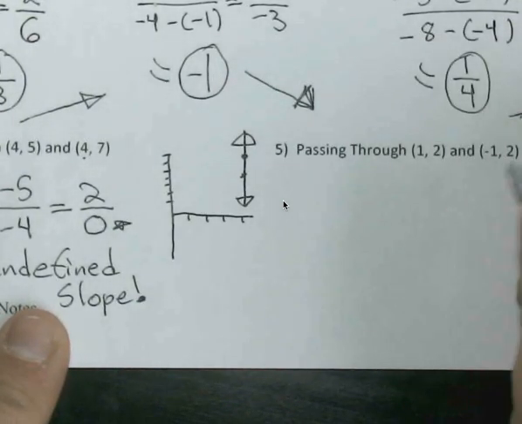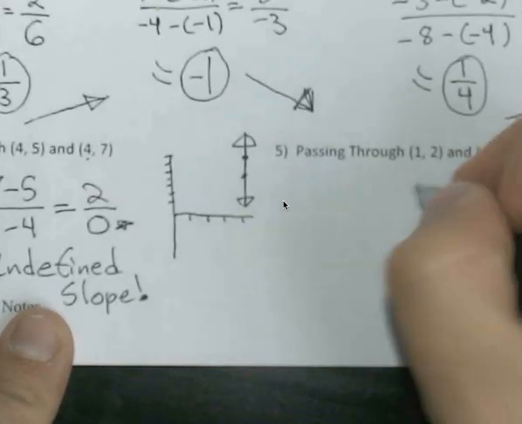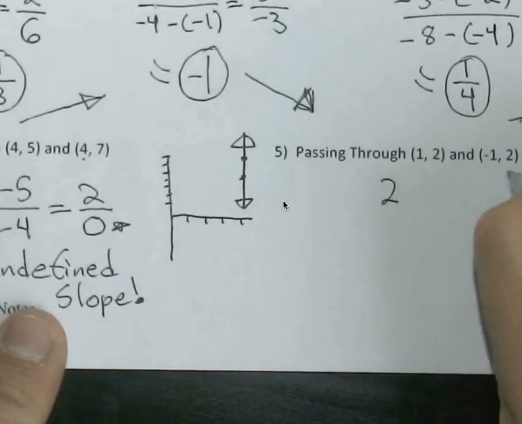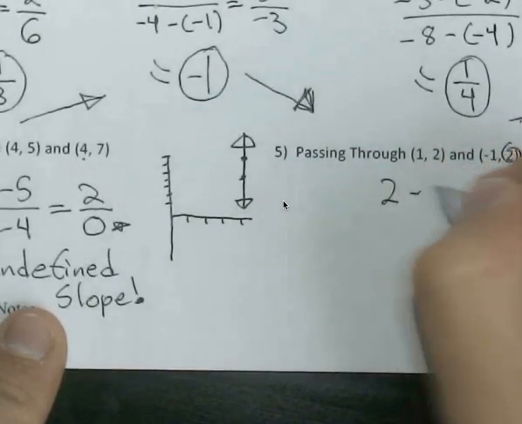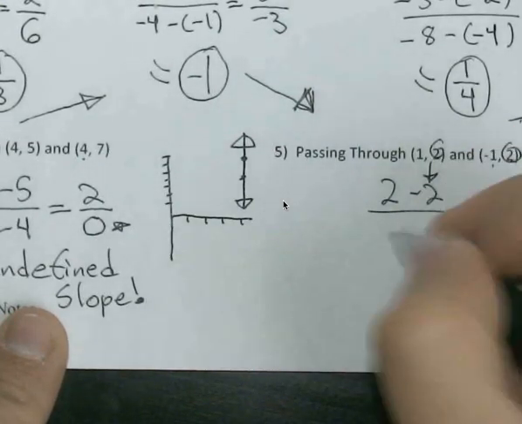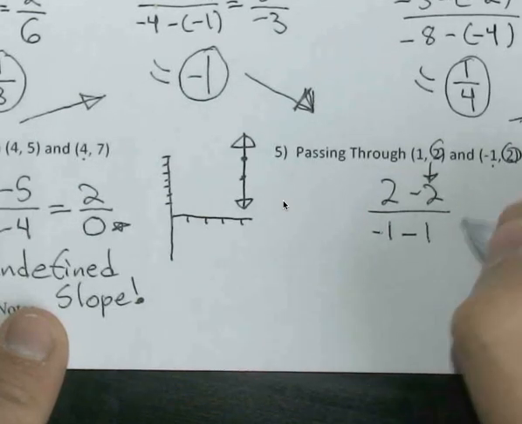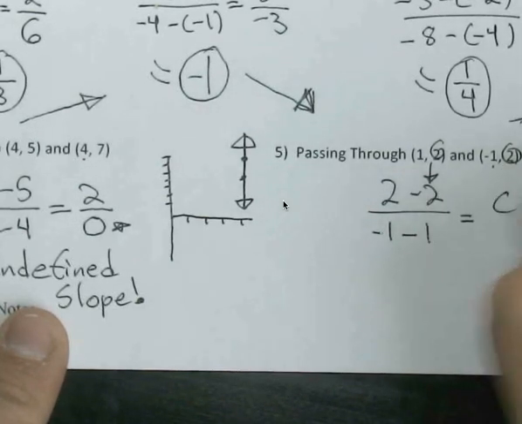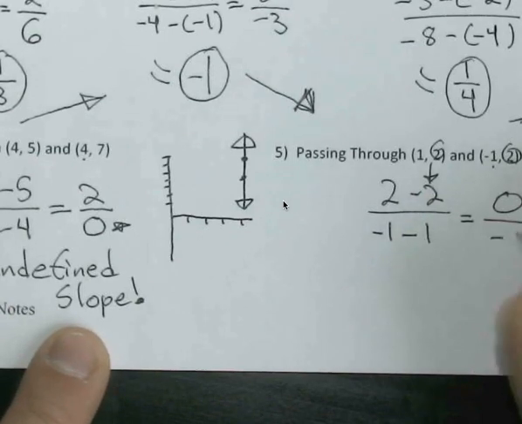Well, you know, same kind of song and dance. We've done 6 of these problems now. You would have this 2, subtracting this 2, you would have negative 1 subtracting 1. 2 minus 2 gets you 0. Negative 1 minus 1 gets you negative 2.